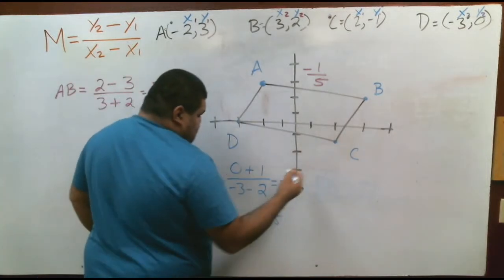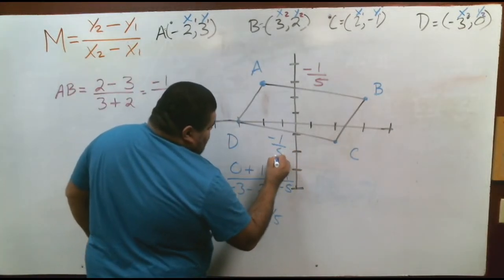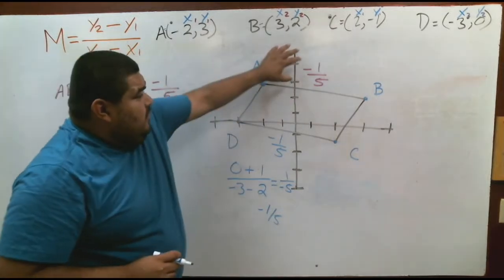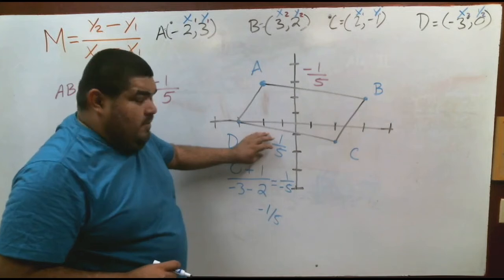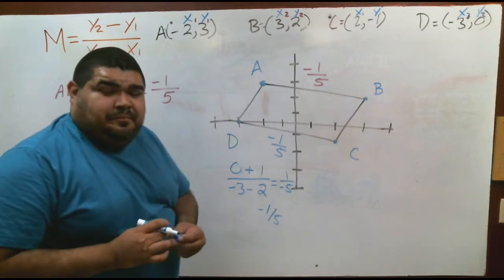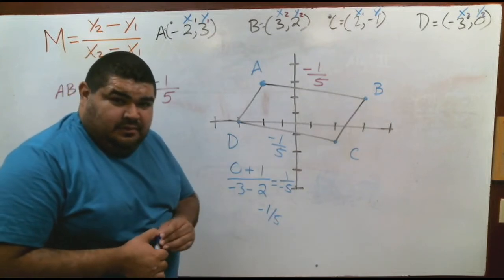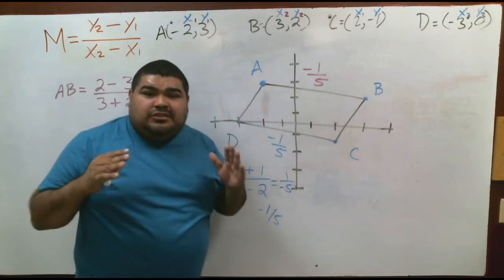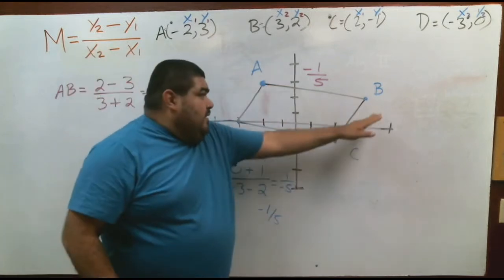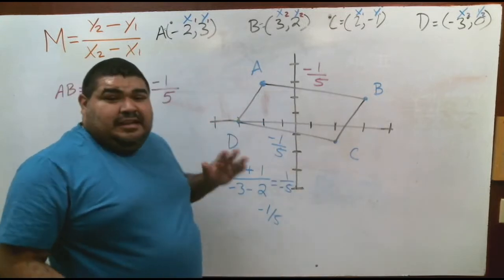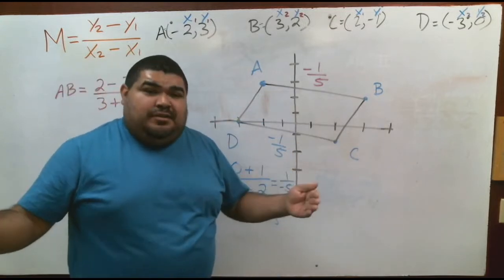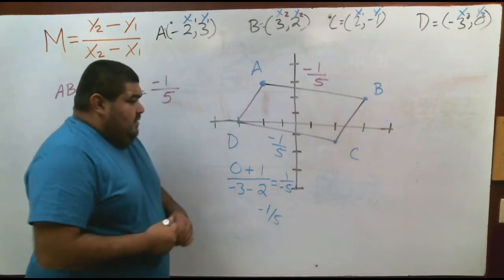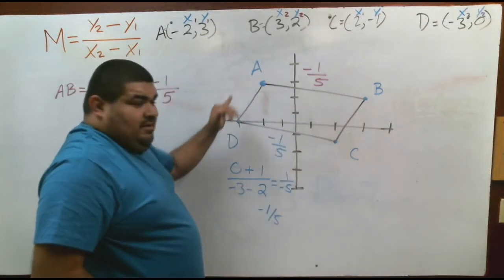So CD is negative 1/5. Notice the answer we got earlier and the one we got right now. Are they the same? They are, right? They're the same answer. So that means we're on the right track. Let's hope that BC and AD are the same. Therefore, this is a parallelogram. So let's go ahead and try AD first.